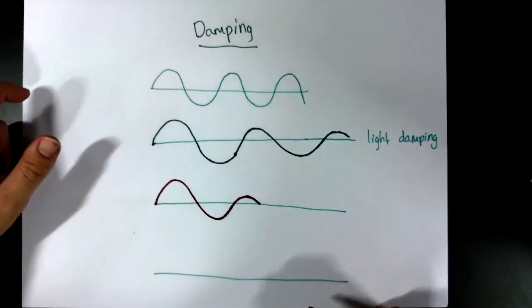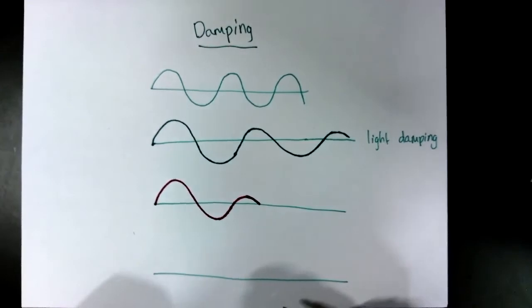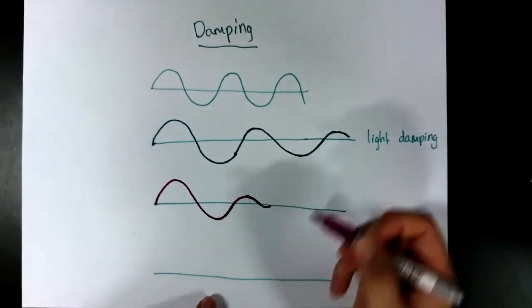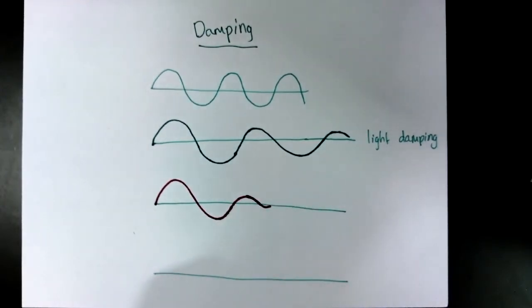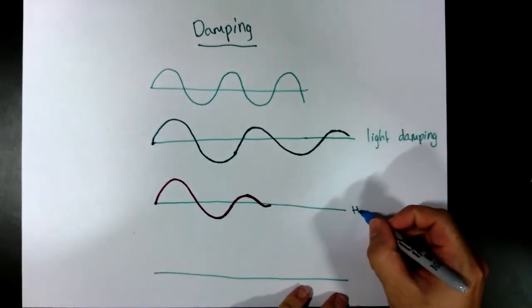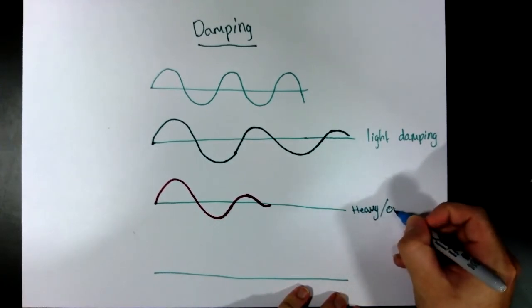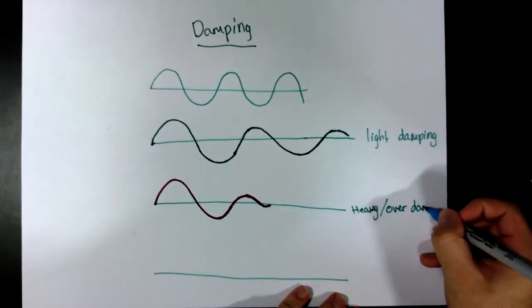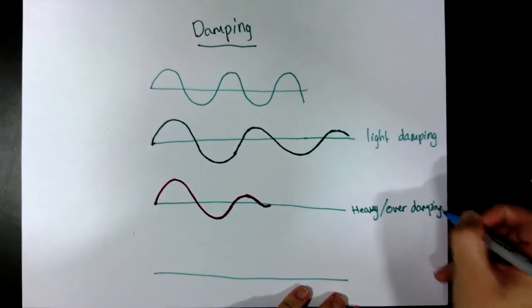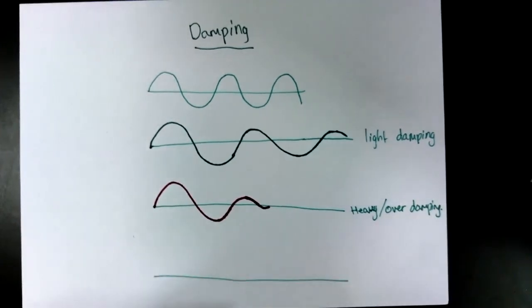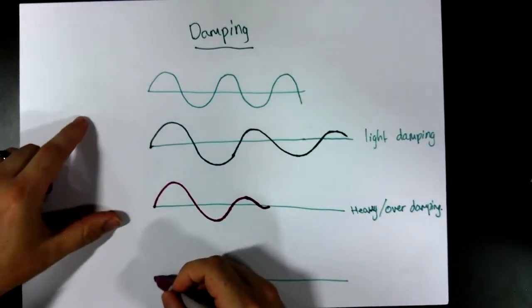Okay, so heavier damping will cause the oscillations to die out much quicker. So we call this heavy or over damping. And then finally, we have something called critical damping.